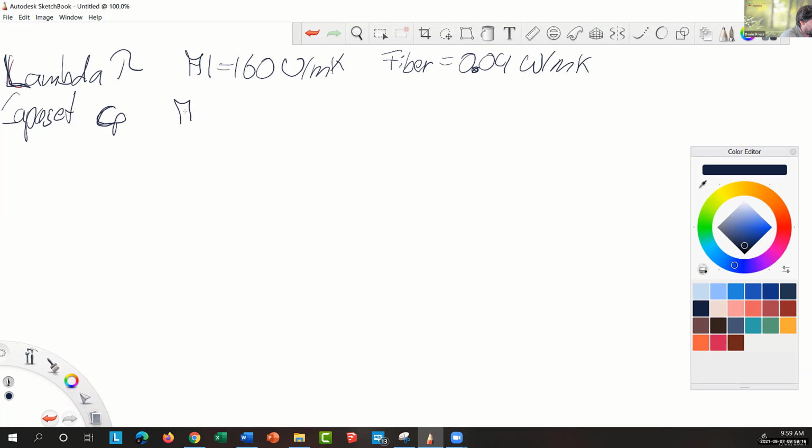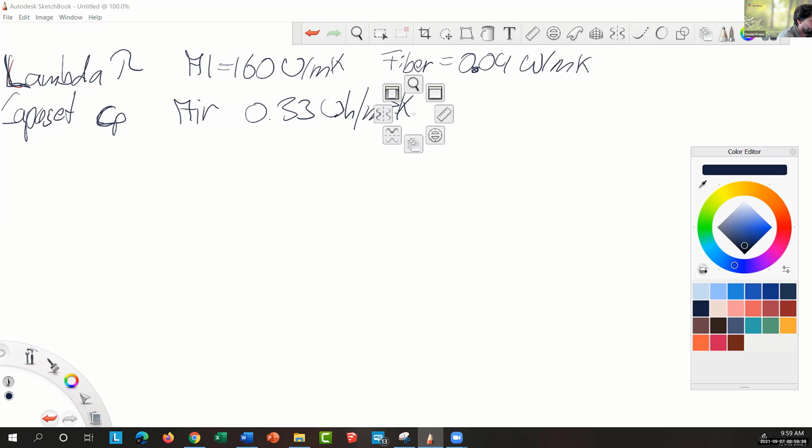We're looking at air as the capacity with 0.33 watt hours per meter cube Kelvin. If you look now at water, concrete, and steel that we've done really early on, then we see that air has a really, really low capacity.